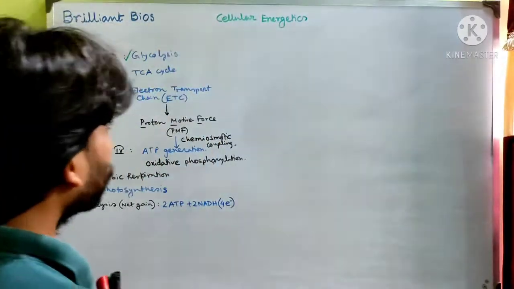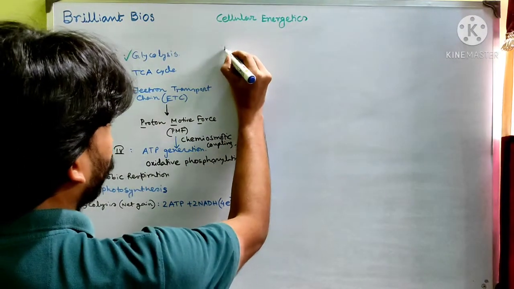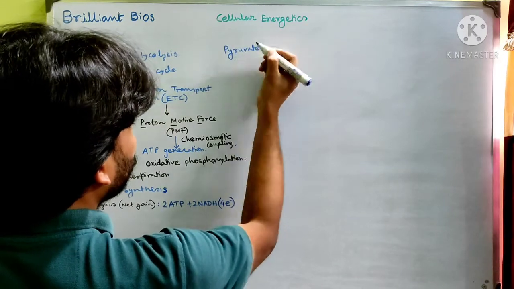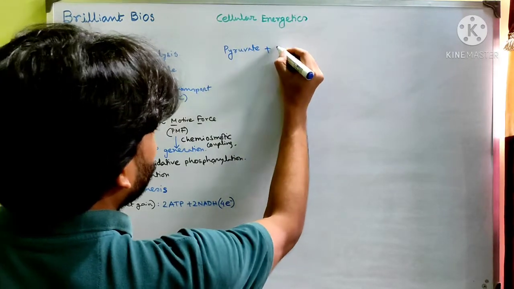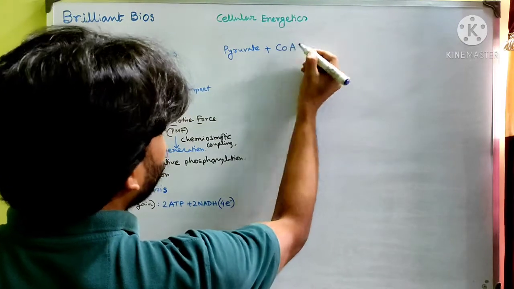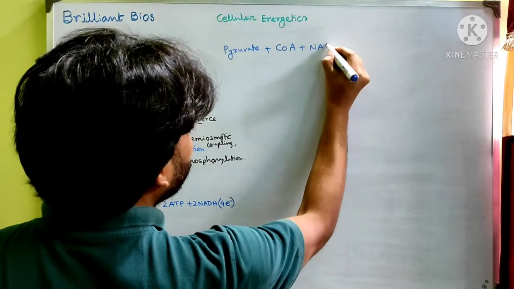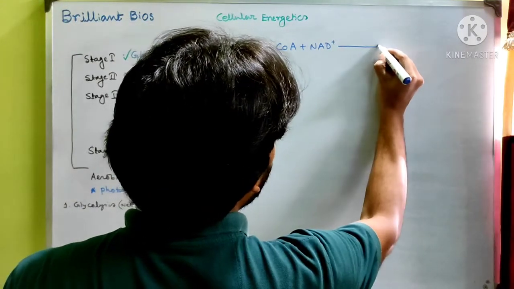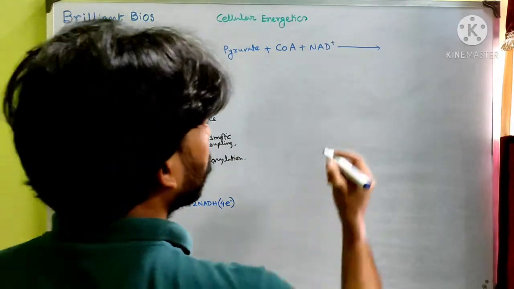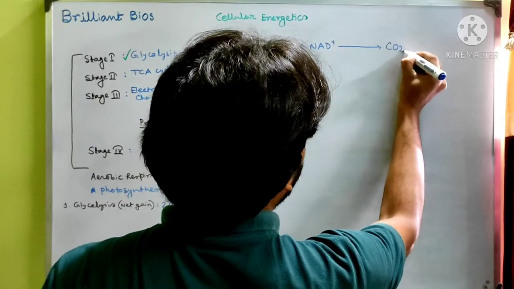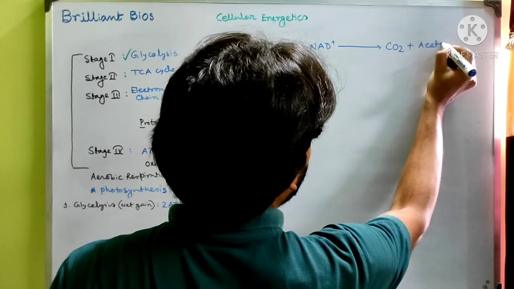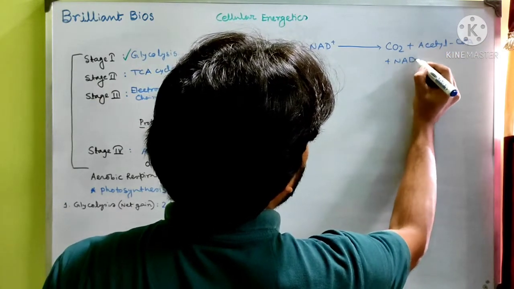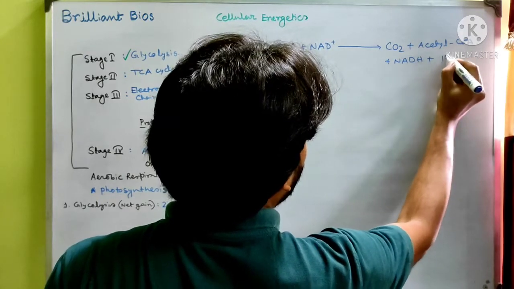So basically the reaction that occurs is pyruvate, the end product of glycolysis, reacts with coenzyme A and nicotinamide adenine dinucleotide cofactor, and this is an irreversible reaction that produces carbon dioxide, acetyl-CoA and NADH plus H plus.